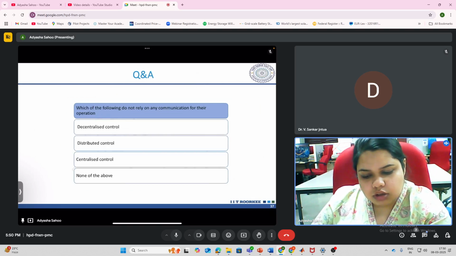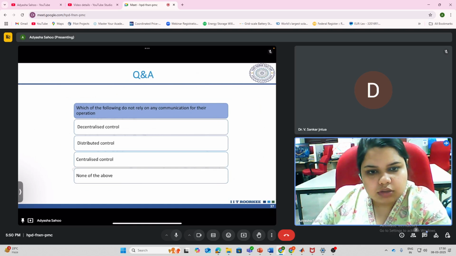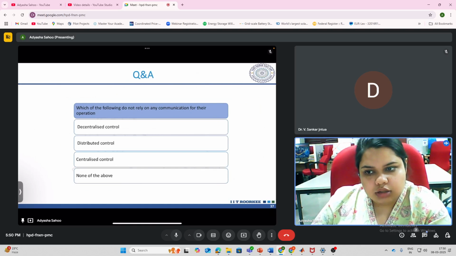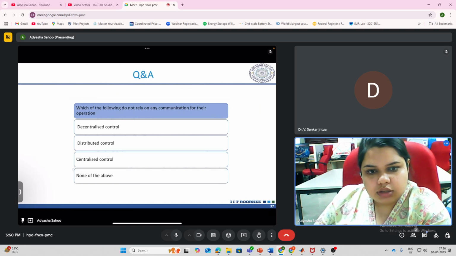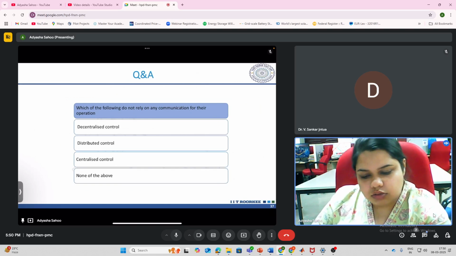Which of the following do not rely on any communication for their operation? Decentralized control, distributed control, or centralized control.